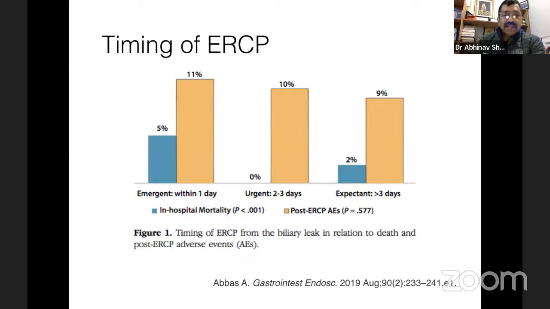The orange bars show post-ERCP adverse events, and the blue bars show in-hospital mortality. As far as adverse events are concerned, they were not different in any of the groups, whether you do early ERCP or late ERCP. And for mortality, there was a trend of higher mortality in the urgent ERCP group.